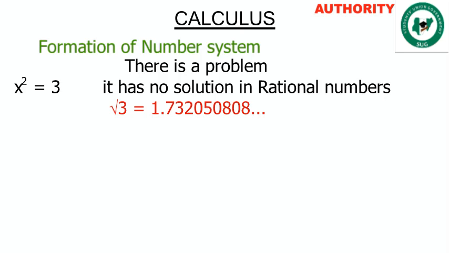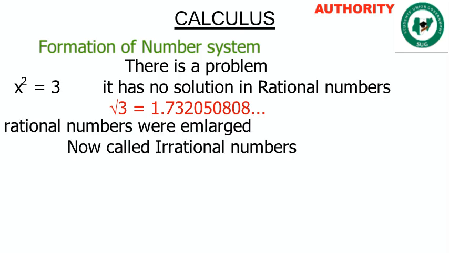You discover that a number like this is not found in rational numbers, because in rational numbers it is either terminating or continuous and repeating in blocks. But this one is continuous and is not repeating in blocks.